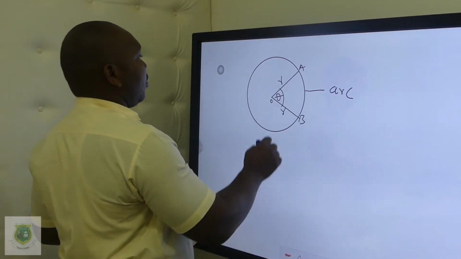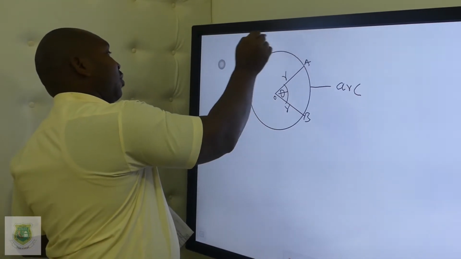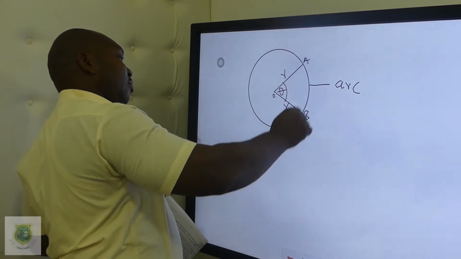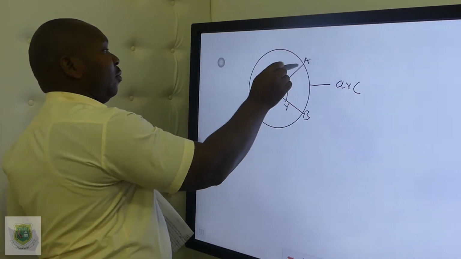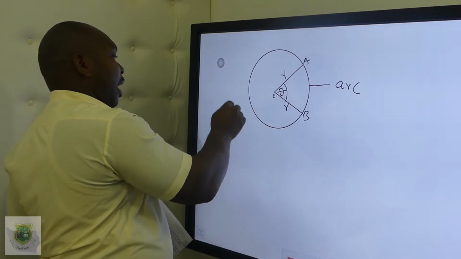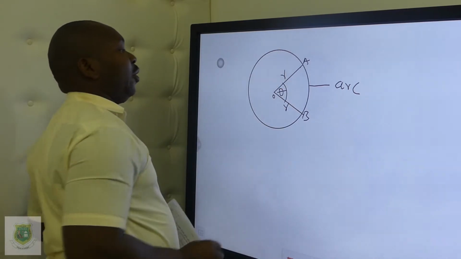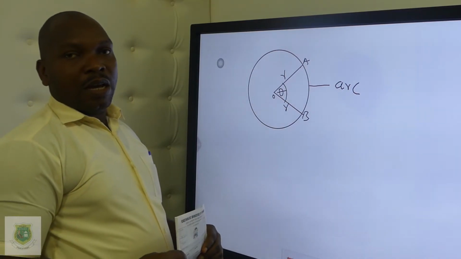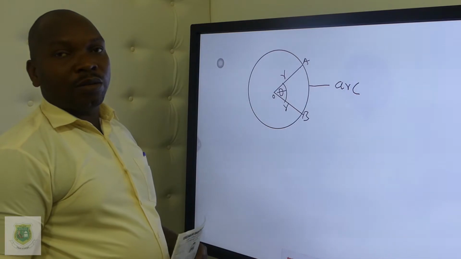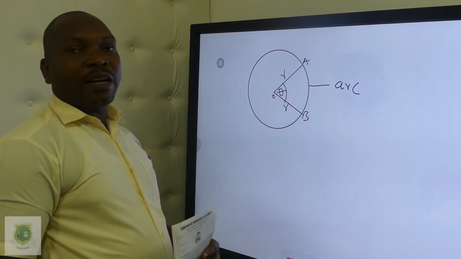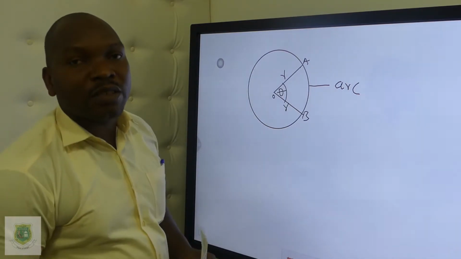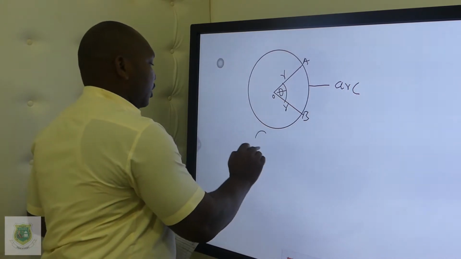If I move from A and I pass through B down to A, we call it the circumference. And in a circle, the perimeter of a circle is also known as the circumference of a circle.